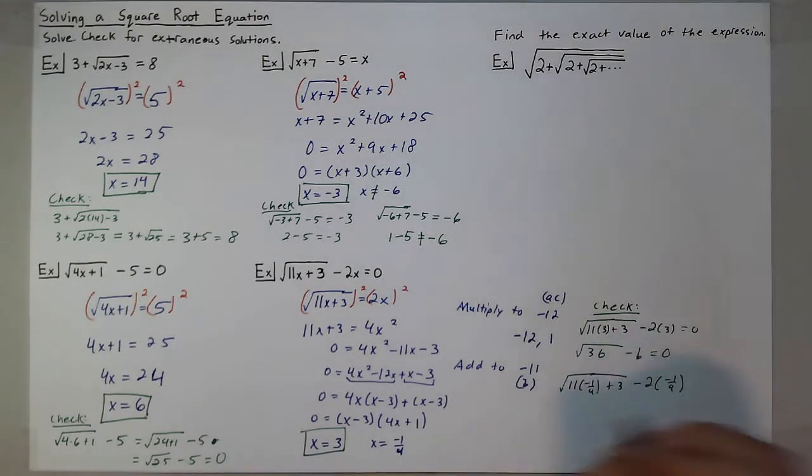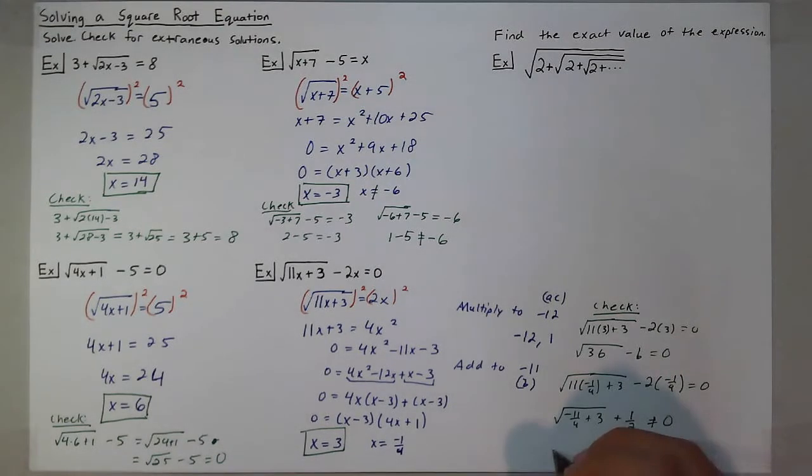And I can already tell this will not be 0 because when I do negative 11/4 plus 3, that will give me 1/4, but over here I'll have plus 1/2, which is a problem because I know this should be positive plus a positive. There's no way that can actually equal 0.